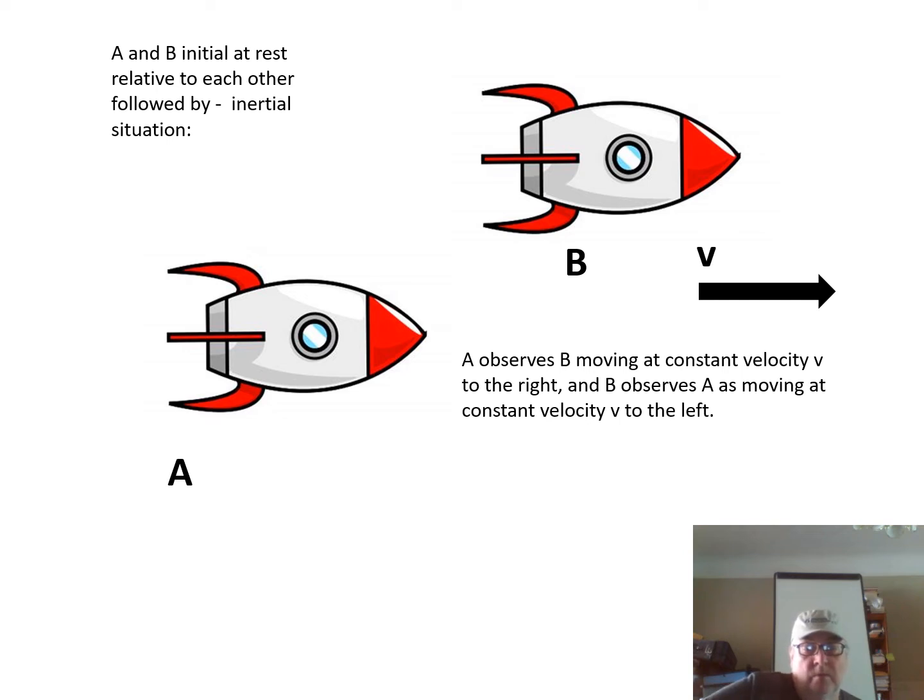The situation of A and B being at rest, which is an inertial situation, is followed by this inertial situation where A and B are moving at constant velocity relative to each other. A observes B moving at constant velocity v to the right, and B observes A as moving at constant velocity v to the left.